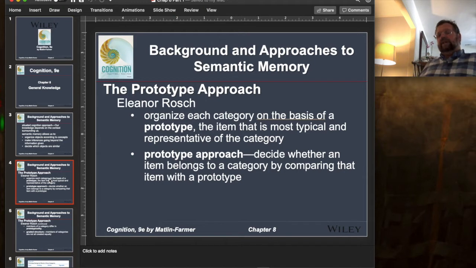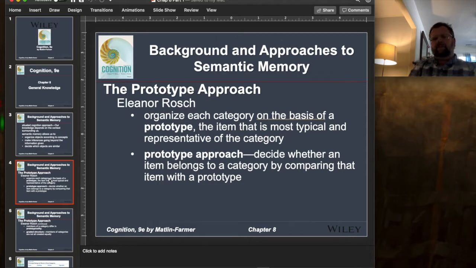So categorization is dependent upon similarities and differences that we observe based on comparison to a prototype. Now what's important is that a prototype is basically an idealization, more of an ideal than something that exists in reality per se.